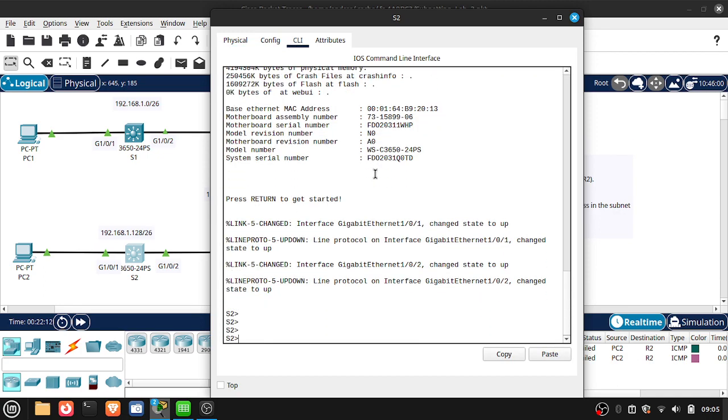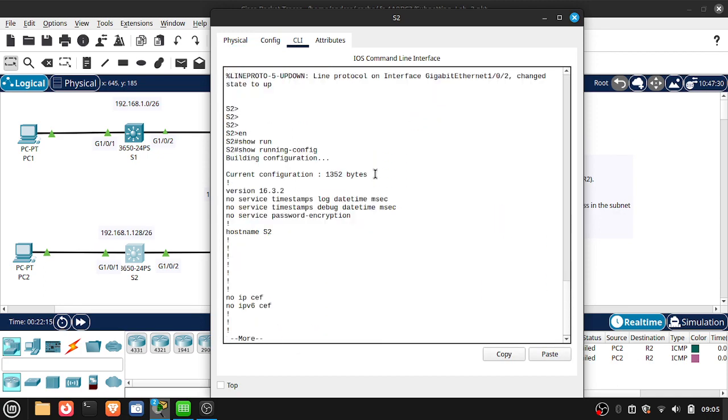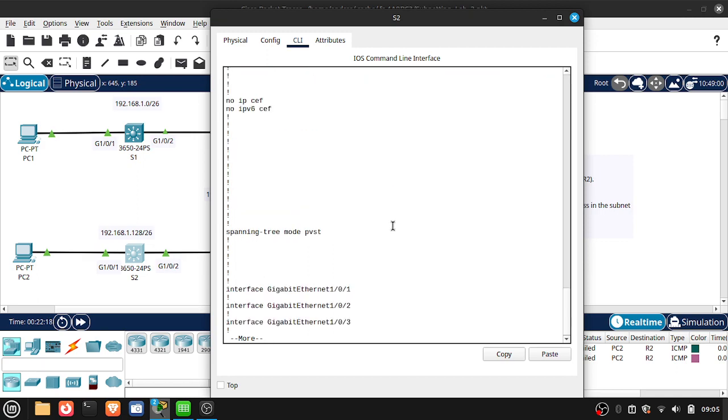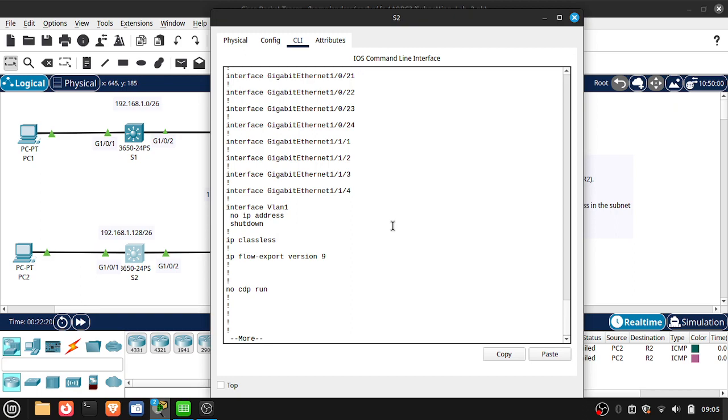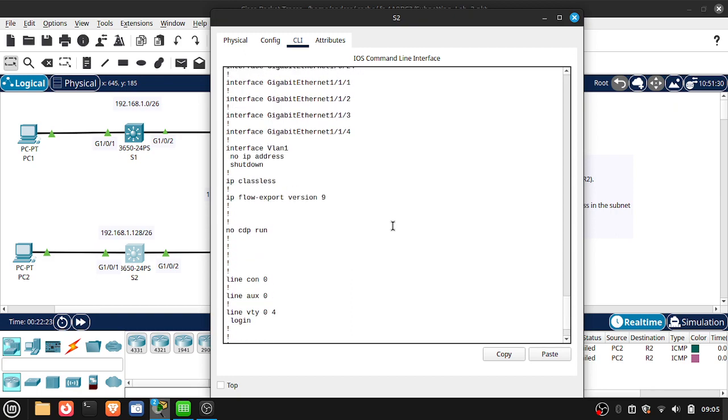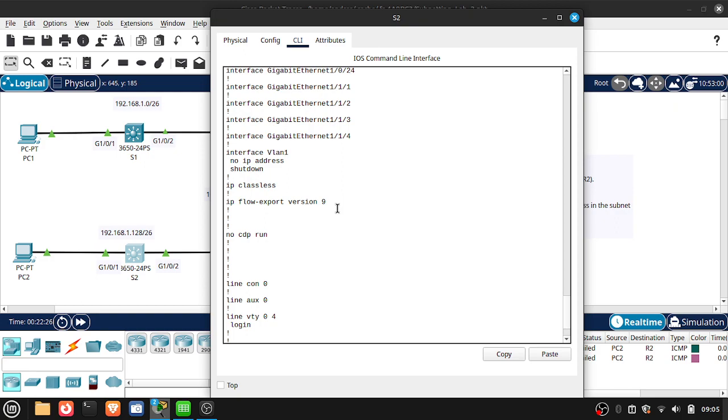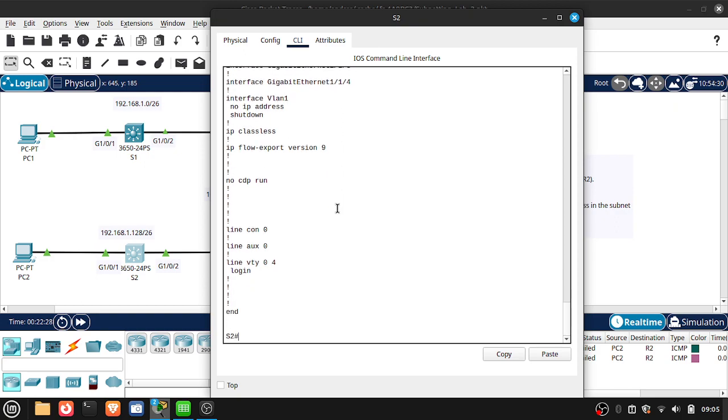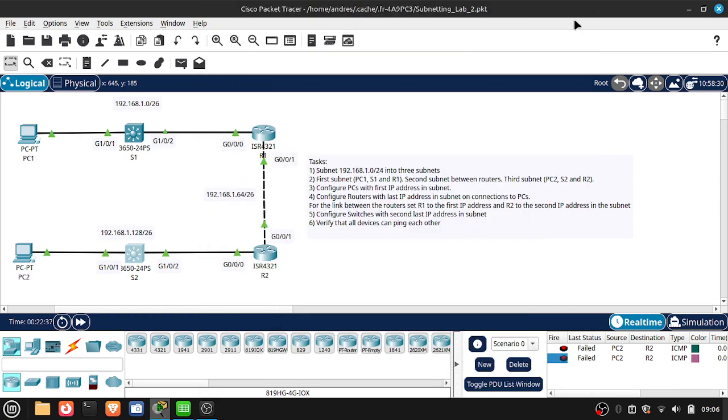But let me see gigabit 1/0/2. Show running config. Interface VLAN1, no IP address, shutdown, but the other thing is not doing anything, is it? If we try to ping this router, we can't ping this router.